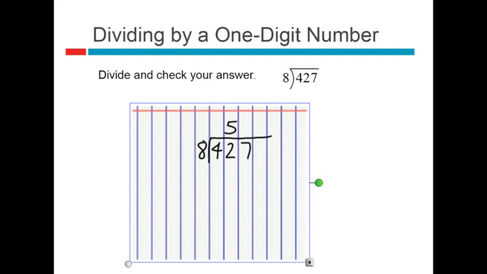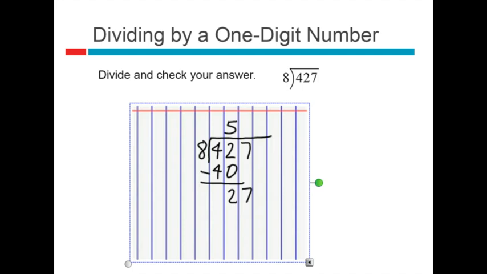That means we're going to have 5 tens in our answer. And 5 times 8 is 40. So then we subtract. I counted 5 eights to give me 40. If I take 42 minus 40, I get 2 tens left, and I bring down the 7. So I have 7 ones.